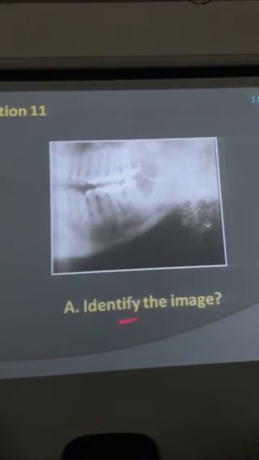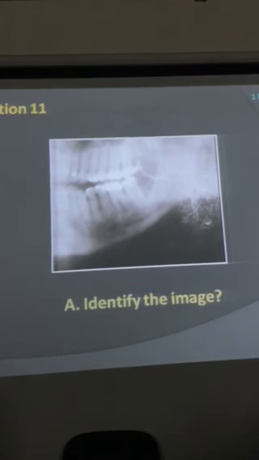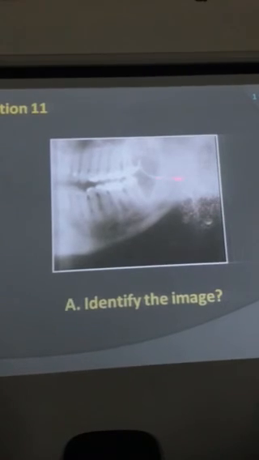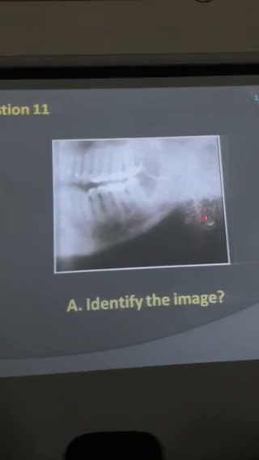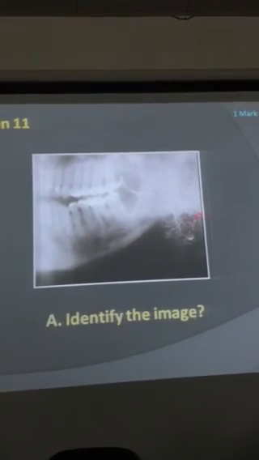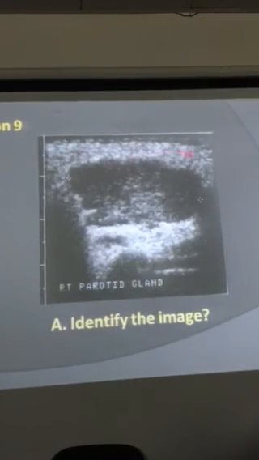Now the identification of the image: this is called sialograph. Sialo means something to do with the salivary gland, graph means picture, a picture of the salivary gland. This is actually a disease of the gland called Sjogren syndrome, with cherry blossom appearance or fruit laden tree appearance. So what will you write here? Sialograph.